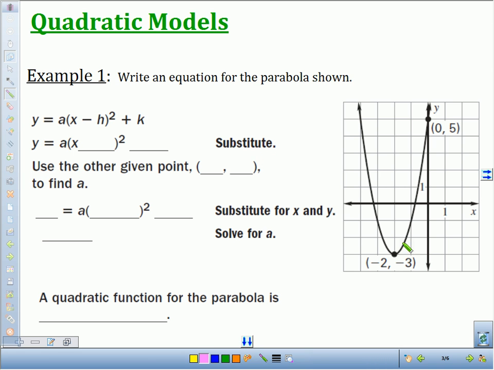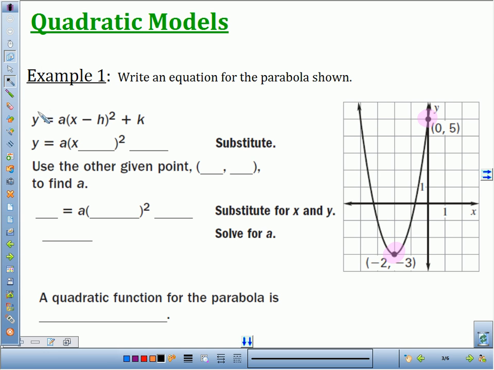In this particular problem, we are told that the vertex is at the point (-2, -3), and that it also has a point (0, 5). So we're given 2 points on this parabola, and one of them is the vertex.